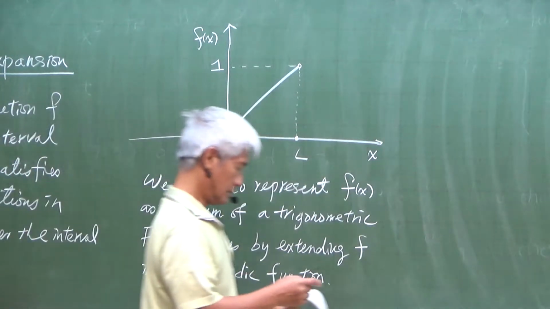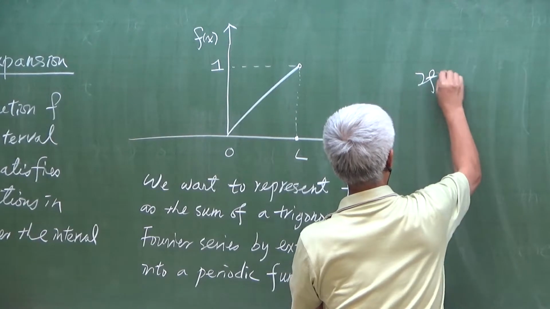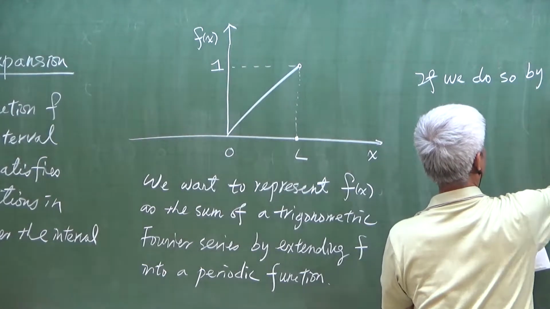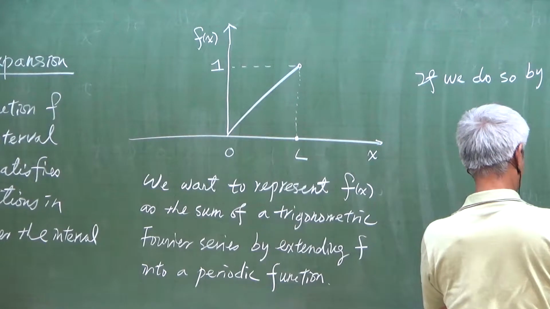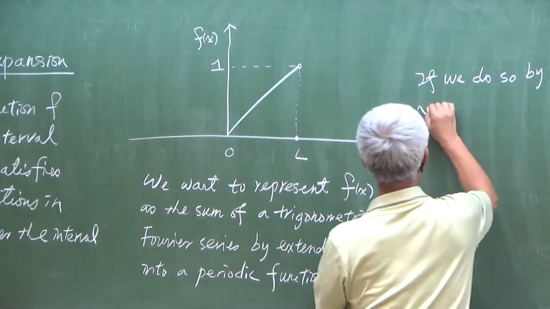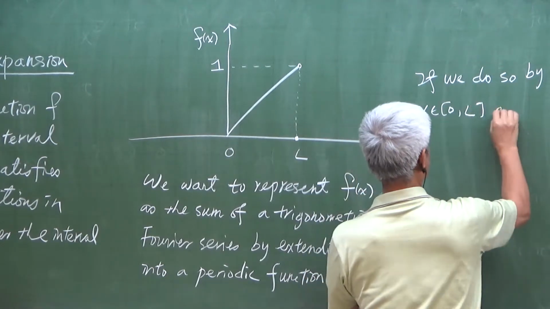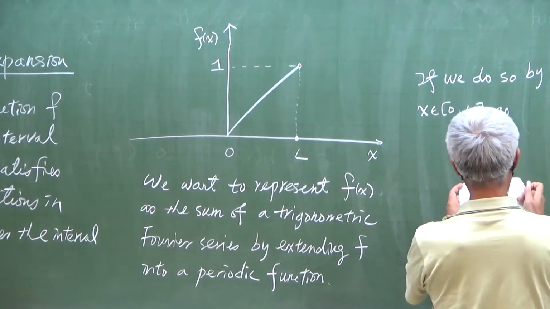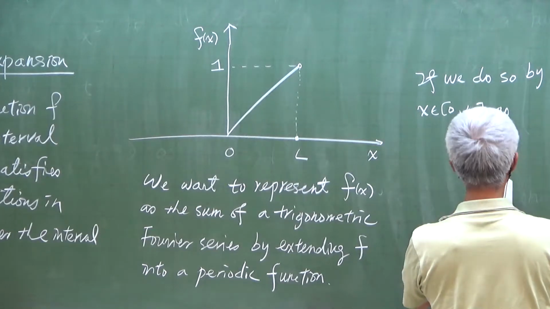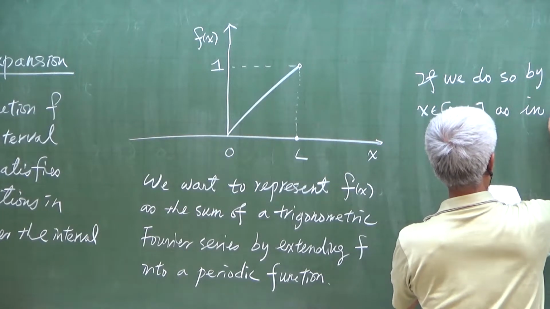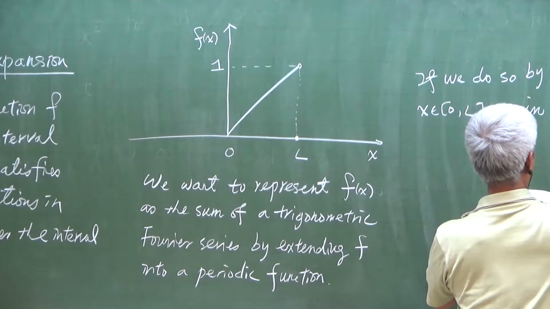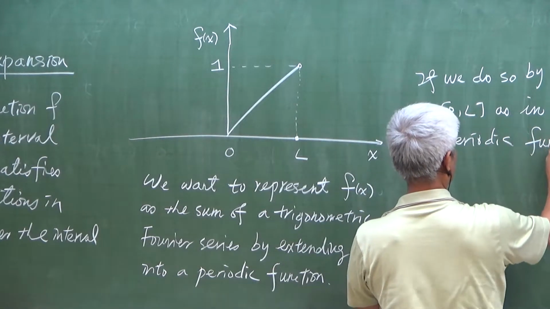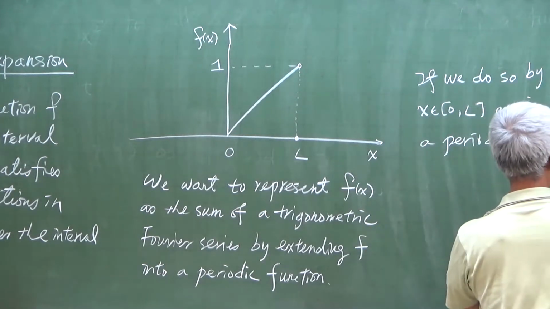And so if we do so by regarding f of x, x in 0 to L, as the period of a periodic function, we say f star.